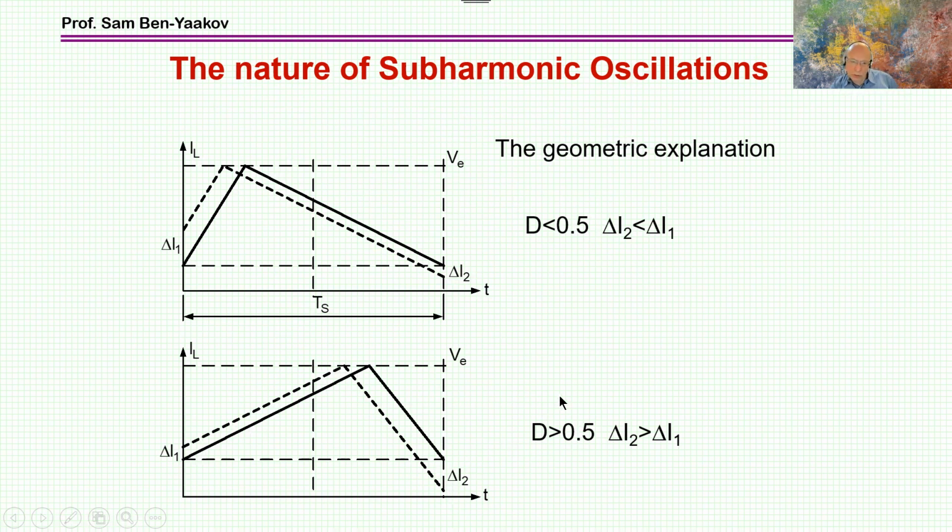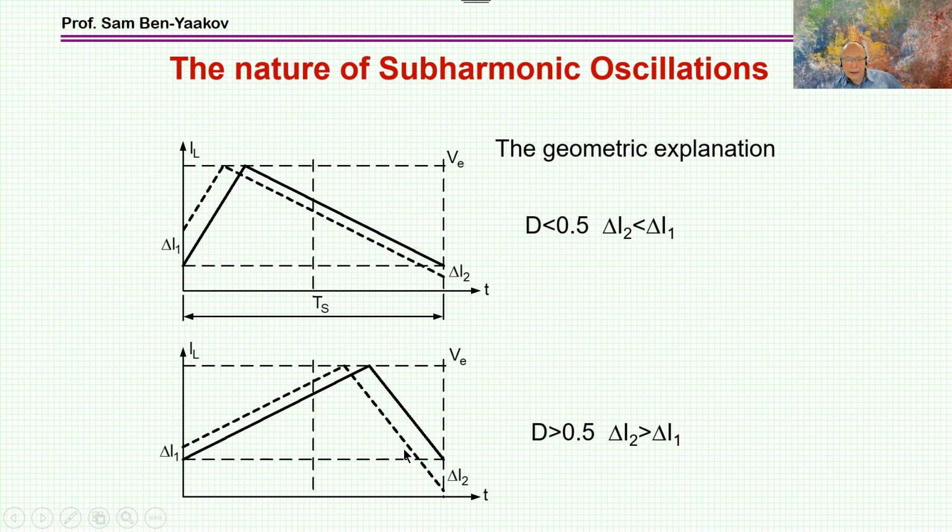It can be shown by geometry, looking at the distances here with the triangles, etc., which is kind of long, but the end result is that if the duty cycle that you are working at is lower than 0.5, you end up with a disturbance which is smaller than the one you started with. You can see it pictorially here, but this is not a proof, of course.